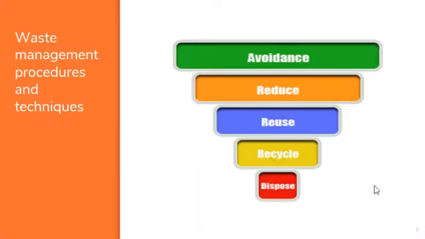So I have here something with me, an illustration of waste management procedures and techniques. The first one, which is the biggest part of this inverted triangle, is avoidance. I have seen a video of a man who tried to ultimately avoid waste.